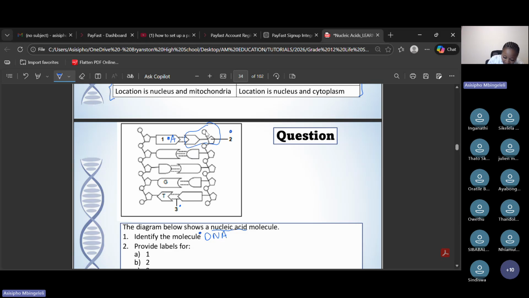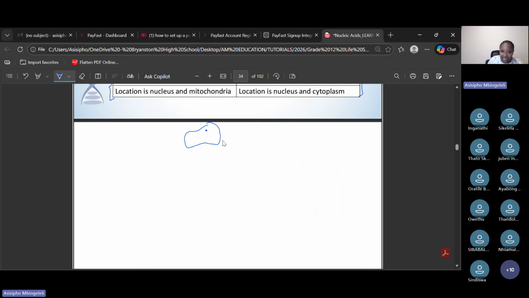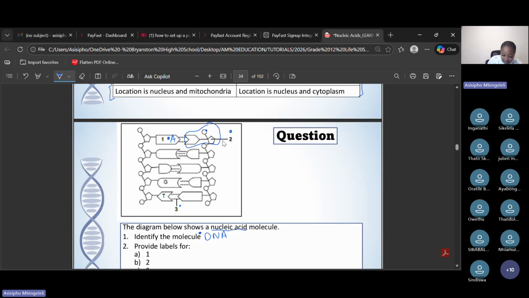There's this part here and this part here that has 5 sides and then a base. So definitely this is a base, which will be a T. So between these 3, which one is a phosphate group? Is it this one? I'm going to label this one X. Is it X or 2, which is a phosphate group? It's X. So X will be a phosphate group.